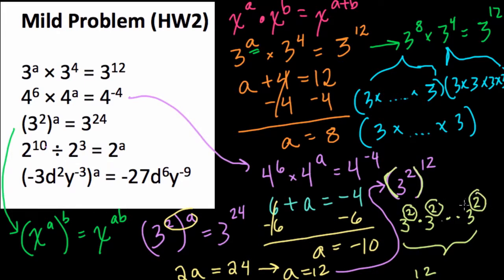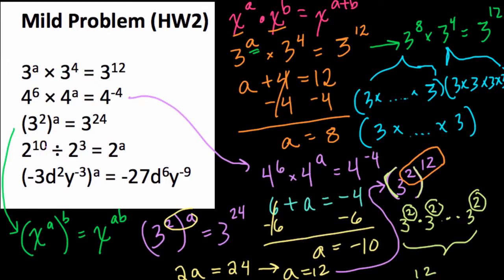Well, there are 12 of them, so we're going to add 12 times. Adding 2 12 times is the same as multiplying 2 by 12, which is what we're doing right here. So there's some logic there in multiplying these exponents that connects right back to the very first law we mentioned in these exercises. Now what's nice is that when we multiply and the base is equal, we add the exponents.